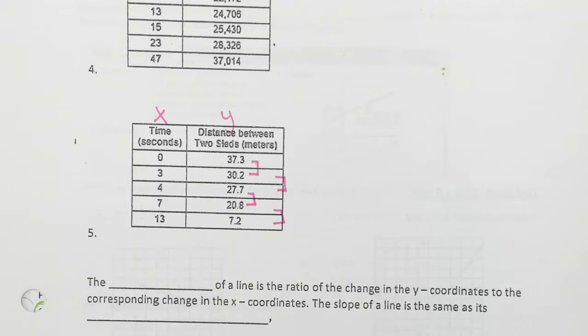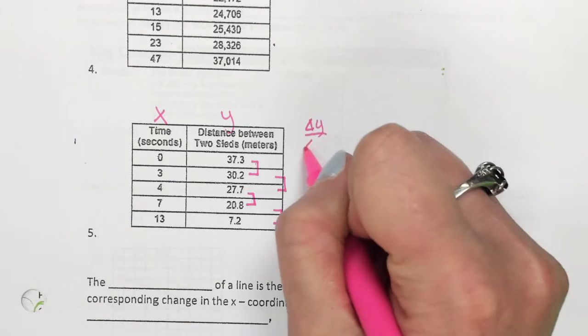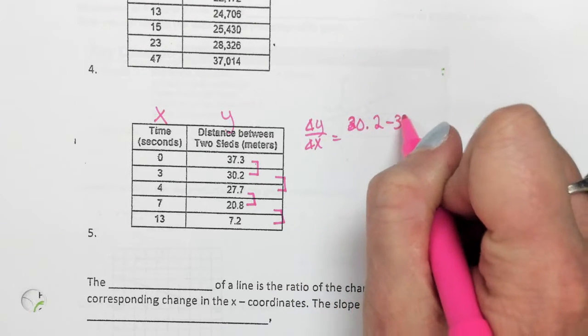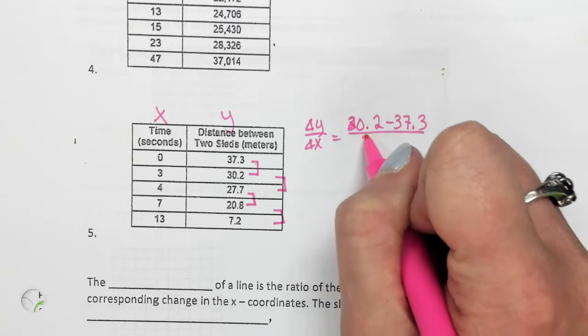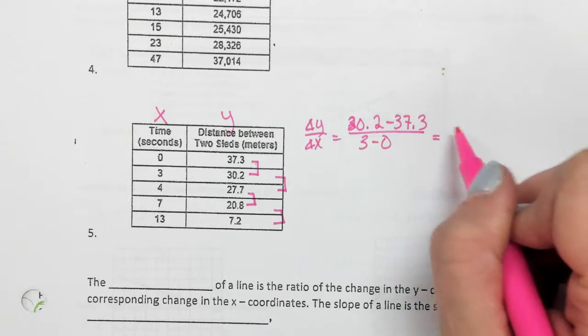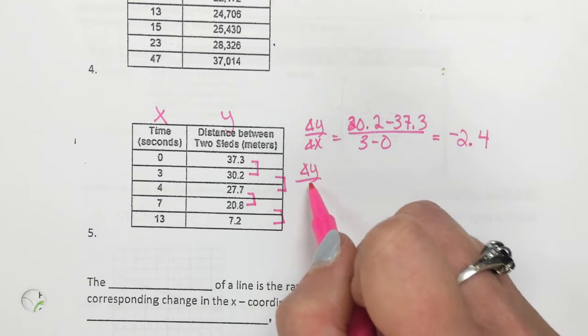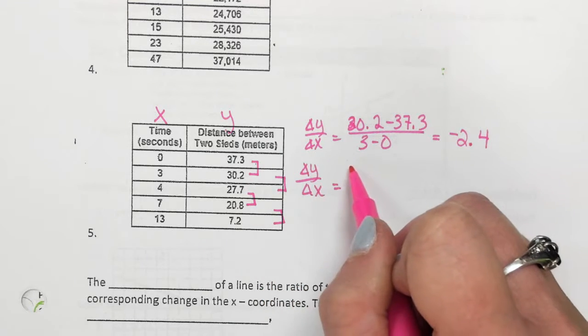All right. What did you get on number 5 for the first one? Negative 2.4? Negative 2.4, you said? Okay. 2.36. Yeah, that's fine. All right, what about the next one?